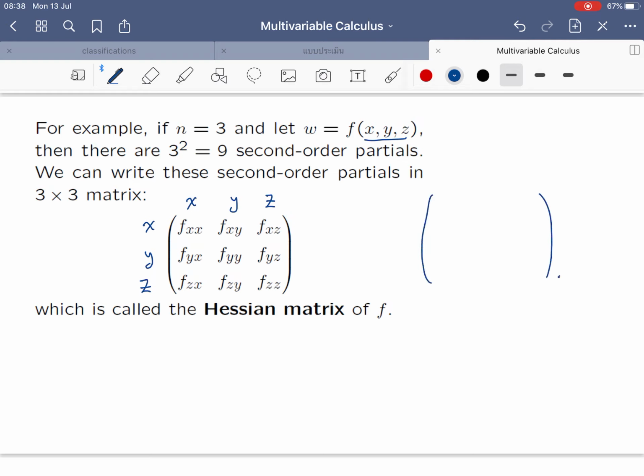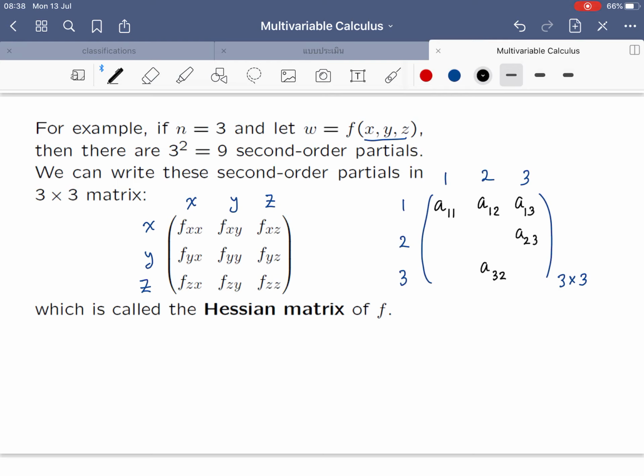Usually for a 3 by 3 matrix, we have the first, second, and third rows and the first, second, and third columns. Each element is called by a row followed by a column. For example, this A is in the first row, first column; this one in the first row, second column; this one in the first row, third column. This one is in the second row, third column, and this one in the third row, second column.